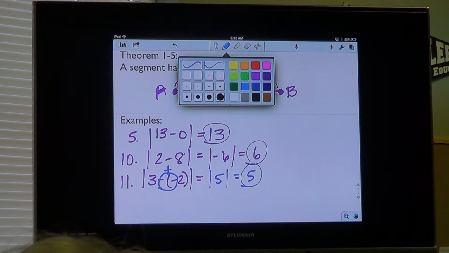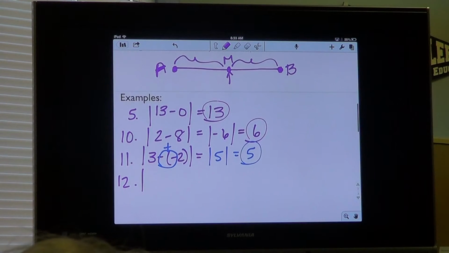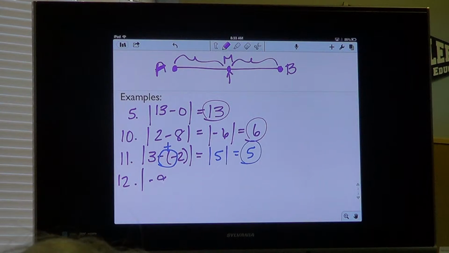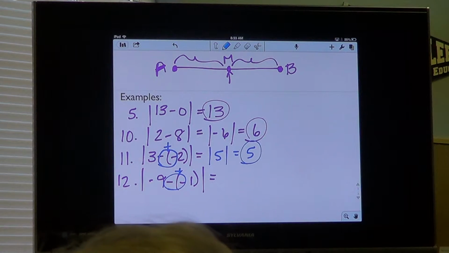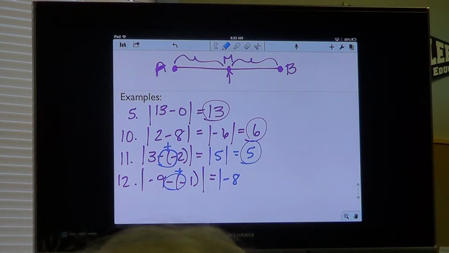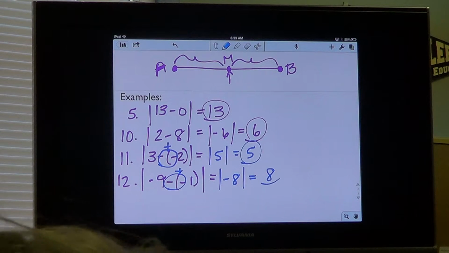Okay, and 12 says the absolute value of negative 9 minus negative 1. Good, because this would become plus, so negative 9 plus 1 is negative 8, but when we take the absolute value of negative 8, we get positive 8.